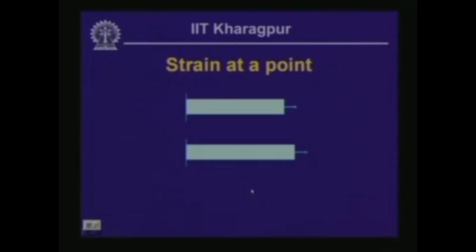Now, when we are calculating the strain from the deformation delta, we are assuming that there is uniform deformation in the entire length of the bar. If the deformation is not uniform, if we compute the strain from delta by L, we are assuming the strain in an average sense over the entire body.